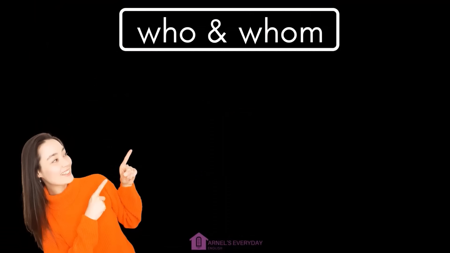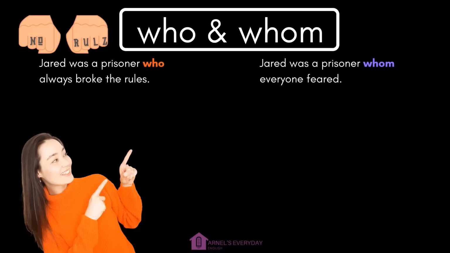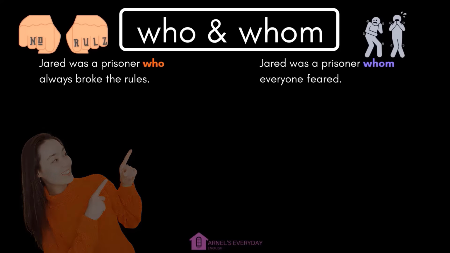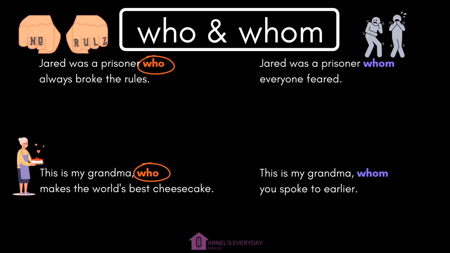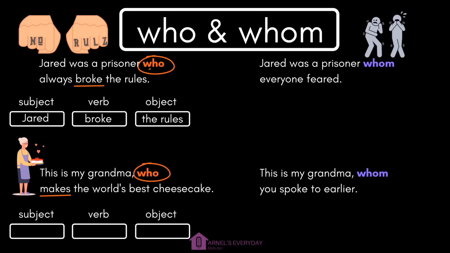Let's take a look. Jared was a prisoner who always broke the rules. Jared was a prisoner whom everyone feared. This is my grandma who makes the world's best cheesecake. This is my grandma whom you spoke to earlier. Who is the subject of the clause because it's clearly the subject of the verbs broke and makes. Jared broke the rules.